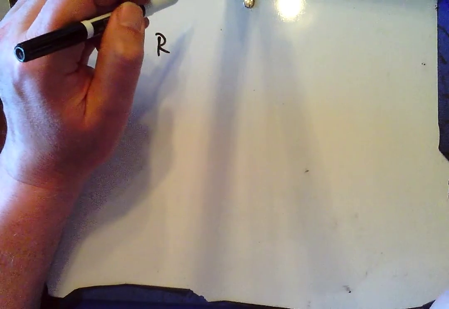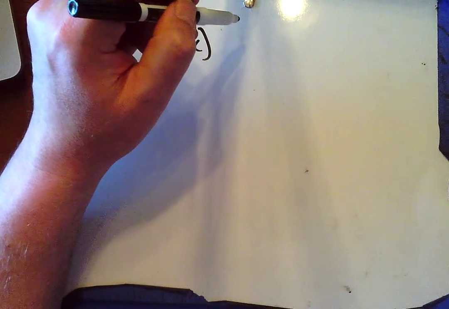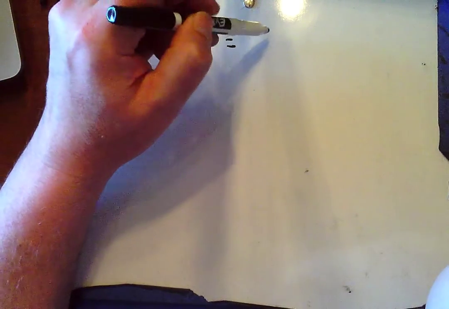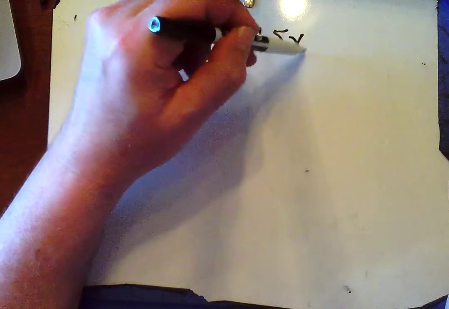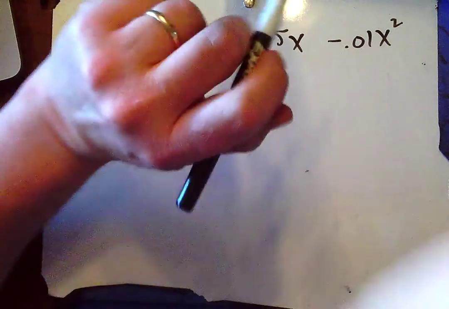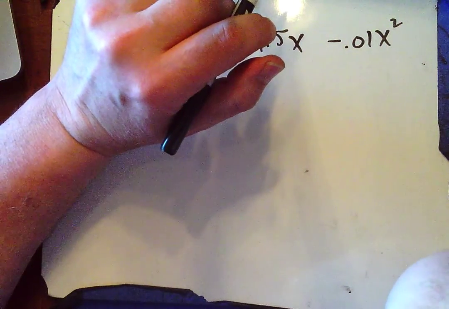Number 3 says we've got a revenue function, dollars, in terms of x, and x is the cost of the monthly pass. Okay, so that's going to be 1.5x minus 0.01x squared. And what are we looking for? Estimate the change in revenue.